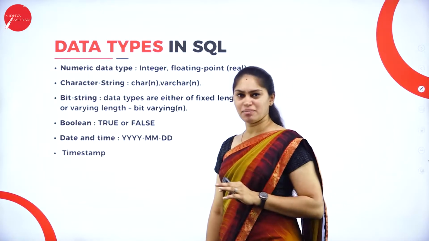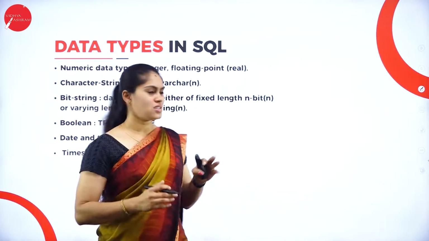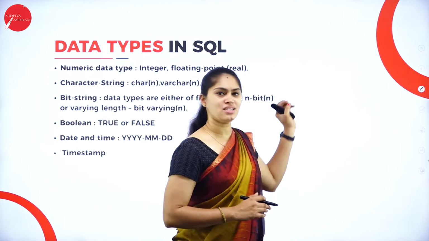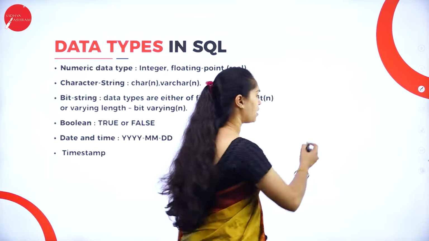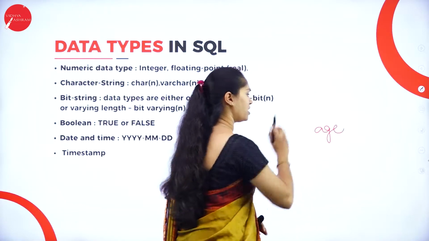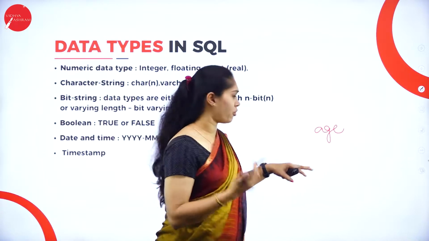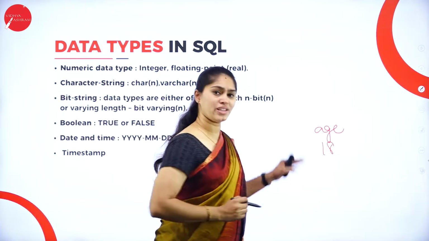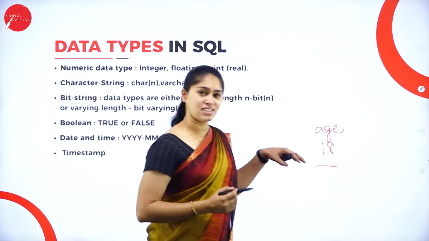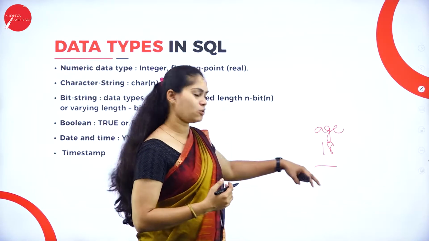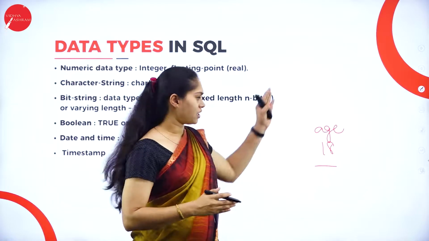Why is this data type necessary in SQL? Because we have a table and I have to insert content into the table. For example, if it is an age, then I have to understand in which format I wanted to give the age, whether it is in numbers, whether it is in words, which kind of value that I wanted to insert for that particular attribute.